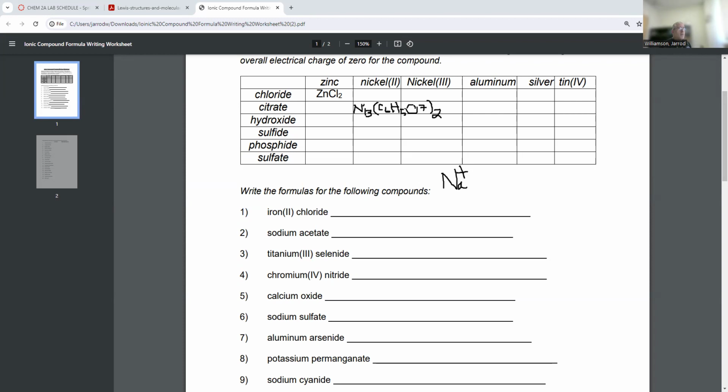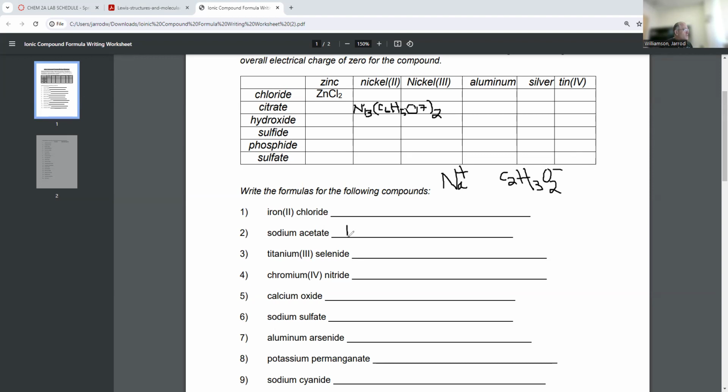Acetate, when I look over on the polyatomic ions chart, is C2H3O2 with a minus charge. So that's C2H3O2 with a -1 charge. This is a +1. This is a -1. I just need one of each.